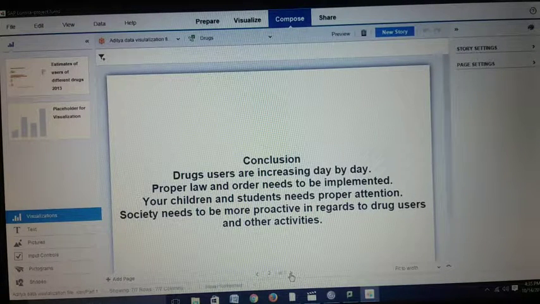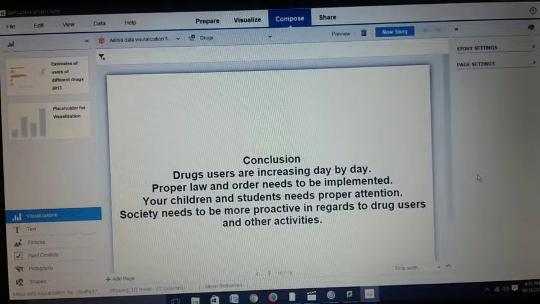Drug users are increasing day by day, so proper laws should be implemented in order to reduce their number. Proper attention should be given to the children and the students. Society needs to be more proactive with regard to drug users and other activities.